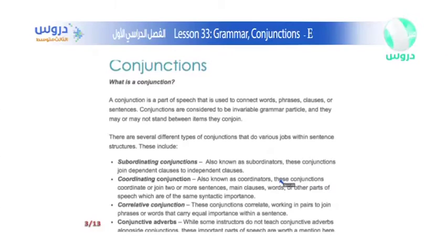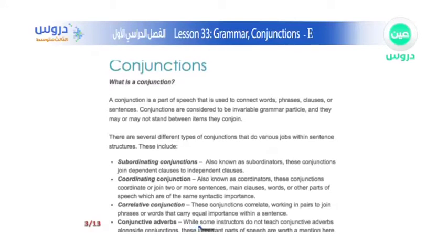These conjunctions coordinate or join two or more sentences, main clauses, words, or other parts of speech which are of the same syntactic importance. Correlative conjunctions. These conjunctions correlate, working in pairs to join phrases or words that carry equal importance within a sentence.